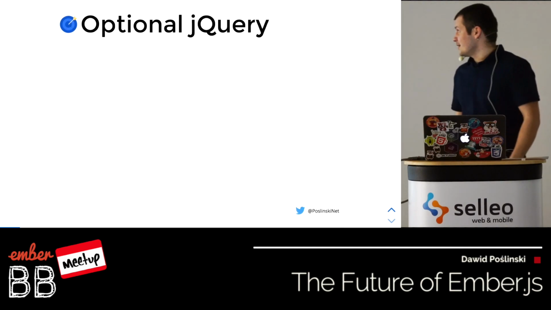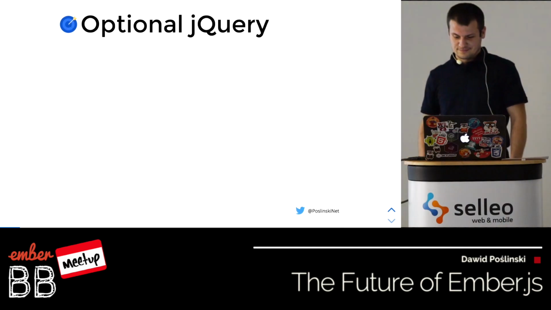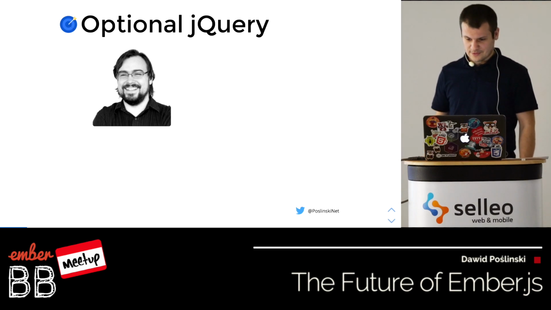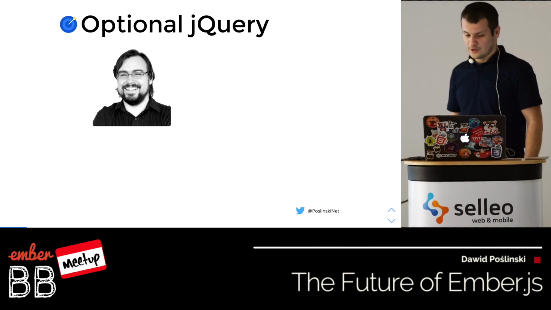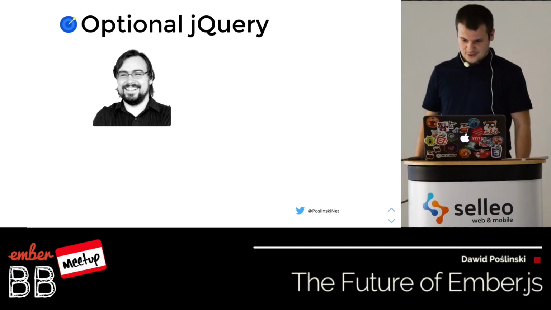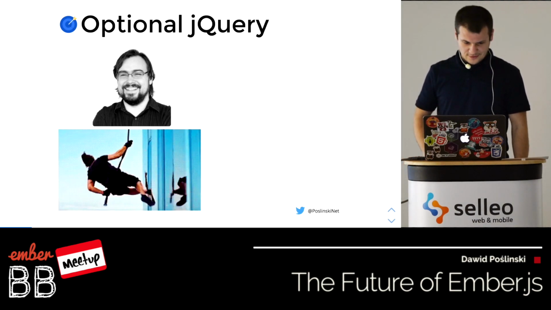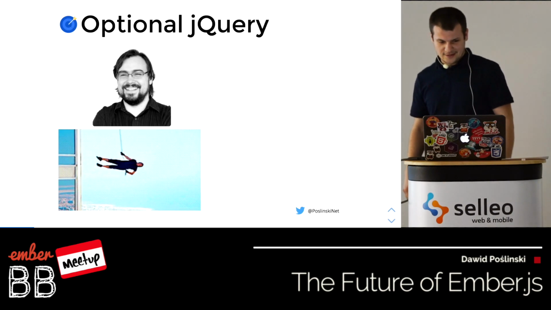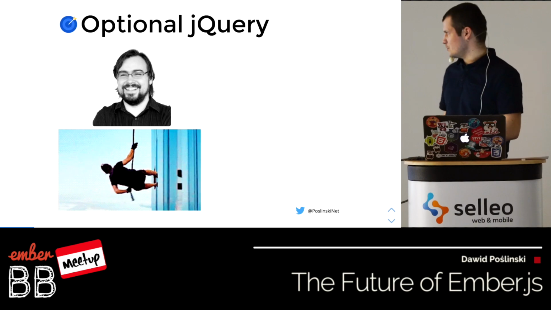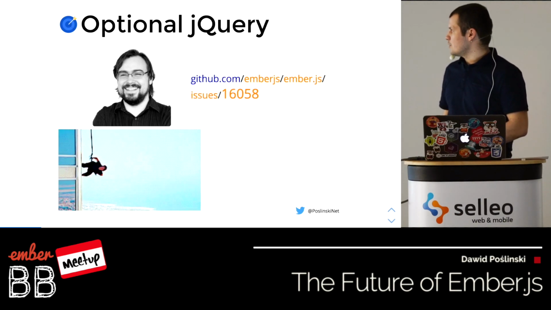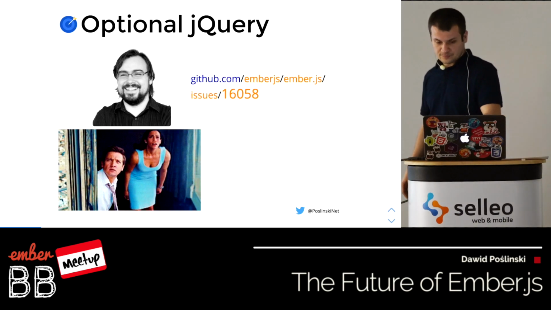So, first thing, there is a guy which probably some of you already know, Yehuda, who decided to do something crazy, and he created a Quest issue on GitHub, which is referenced here.